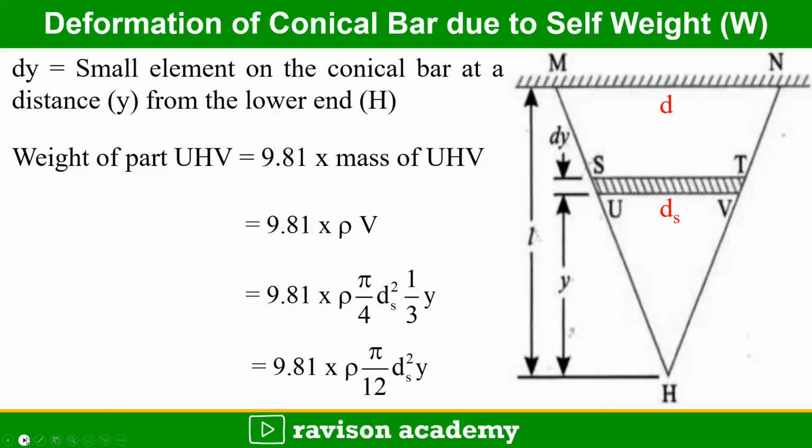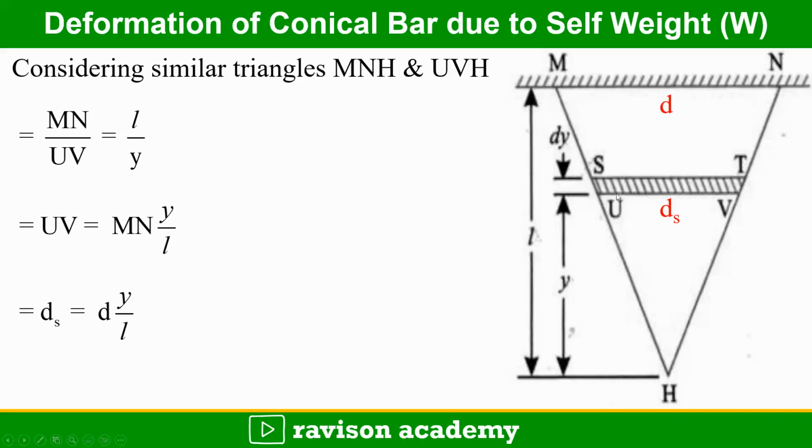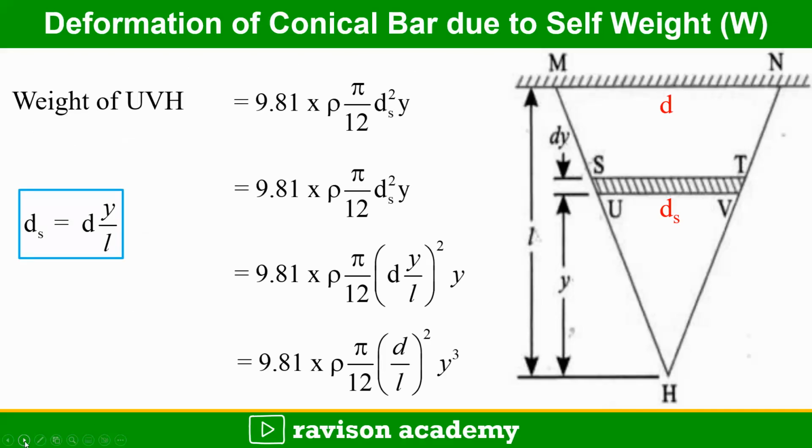Considering the similar triangles MNH and UVH, MN by UV is equal to L by y. So we can write UV as MN into y by L. MN is the diameter of the conical part, so we can write ds is equal to d into y by L. The weight of the conical part UVH is equal to 9.81 into rho into pi by 12 ds square y.